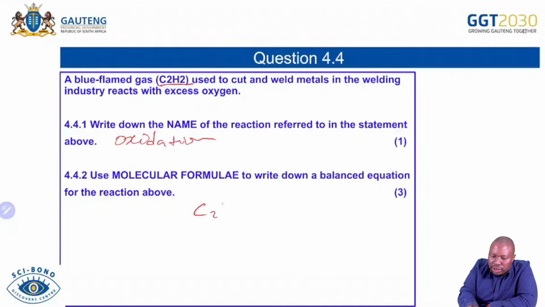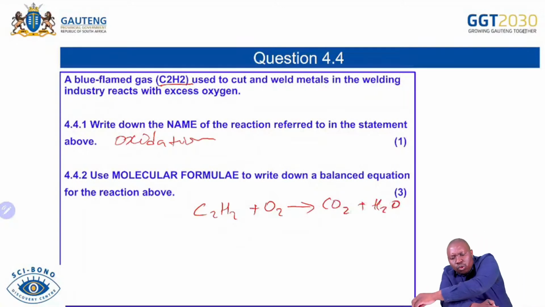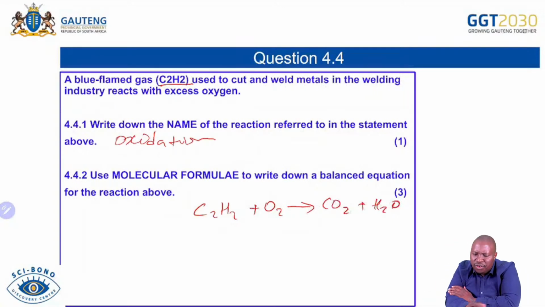So you will have your C2H2 plus oxygen forming carbon dioxide plus water. I always emphasize this. As long as you know that combustion or oxidation will form carbon dioxide and water, already you have 2 marks for writing correct reactants and correct products. All you are looking for is just the 1 mark for balancing the reactions. Please ensure that you balance the reaction.